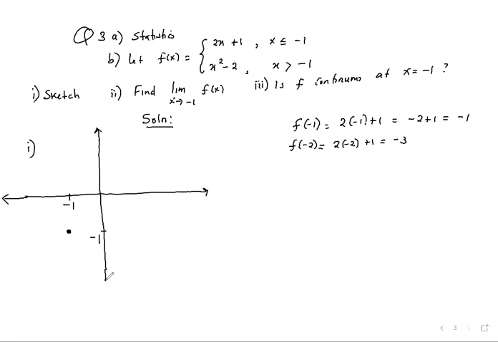That's the reason why I wanted to substitute, just to know where it is going. Even if I don't indicate that point on the graph, it's okay. Then we're done with this one. What's happening when x is greater than -1? I pick -1, substitute in this function.